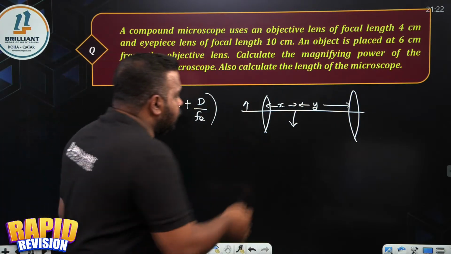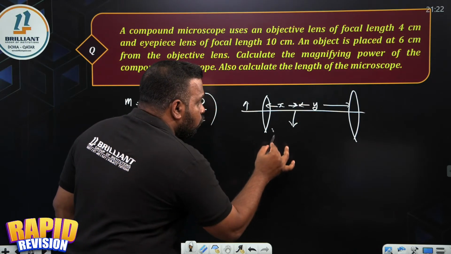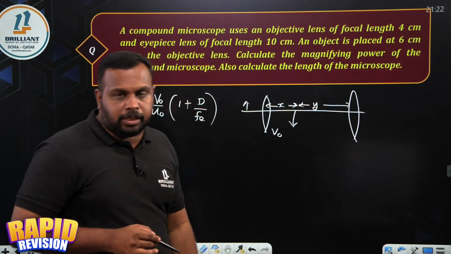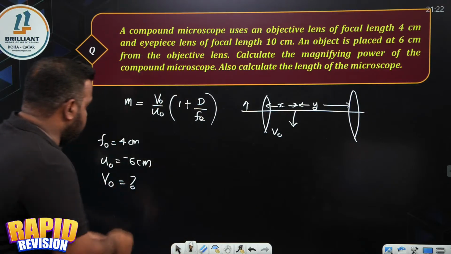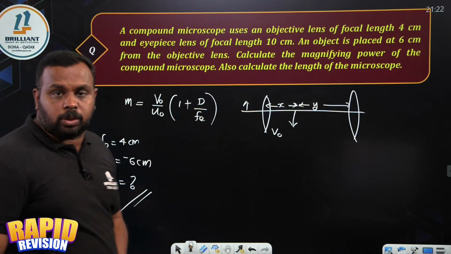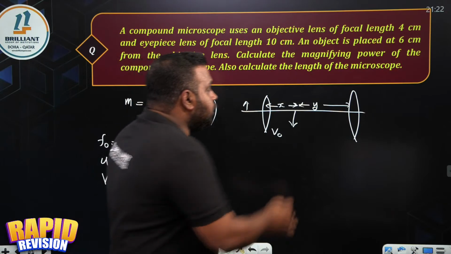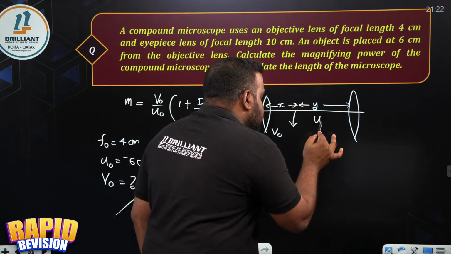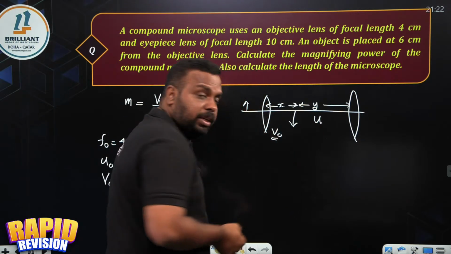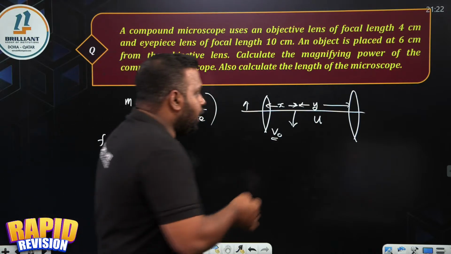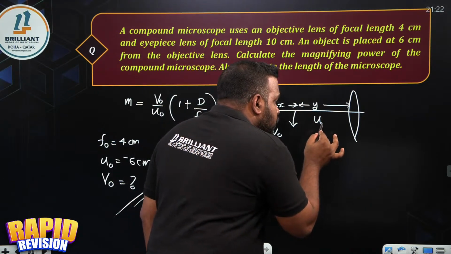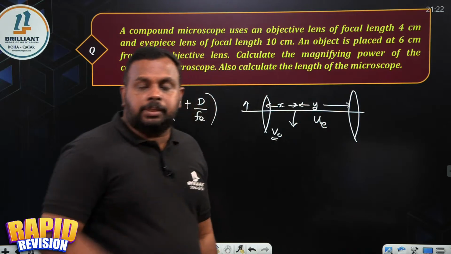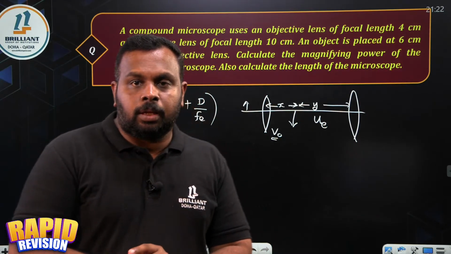Here x is nothing but VO, the image distance of the objective, which we already found in this calculation. And this y is the object distance of the eyepiece, but that value we don't know.